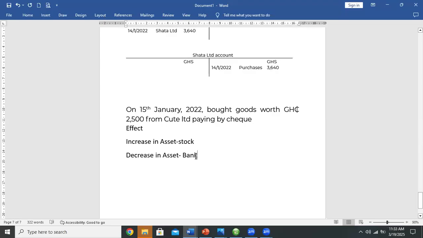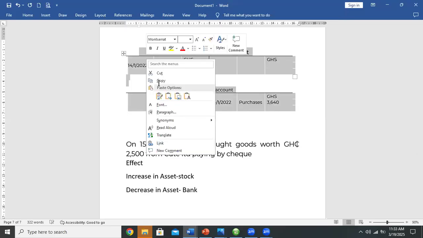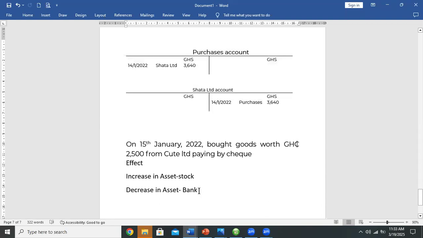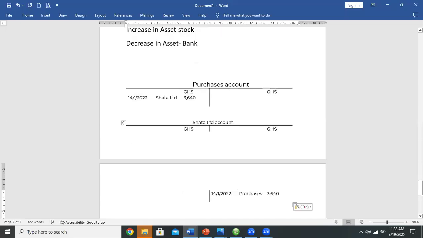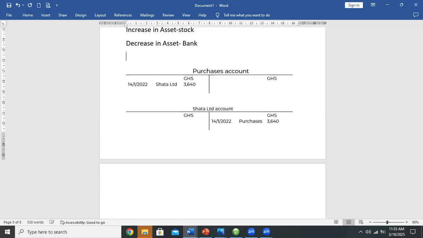So let me open the two accounts, record the transaction, give some summaries, and then we'll call it. So we open the purchases account, which we already have, and the other account this time will be the bank account.